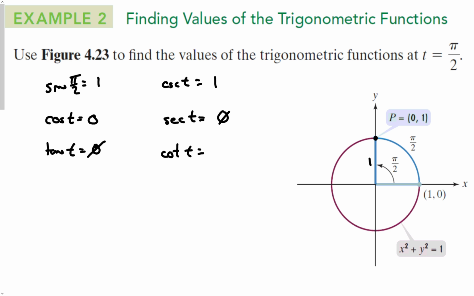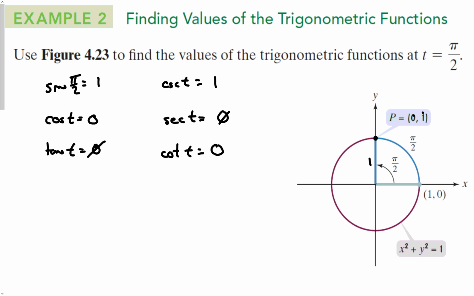Cotangent, however, is going to be x over y. So 0 over 1, which is 0. Okay? So with functions like this, with quadrantal angles, you're going to get 2 out of the 6 to be undefined. Okay, so you just got to be careful with that.